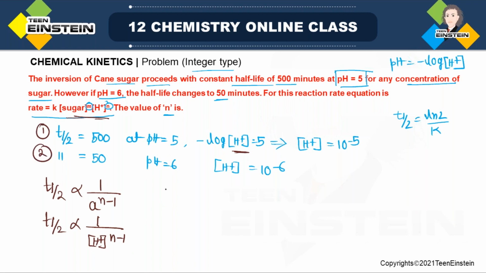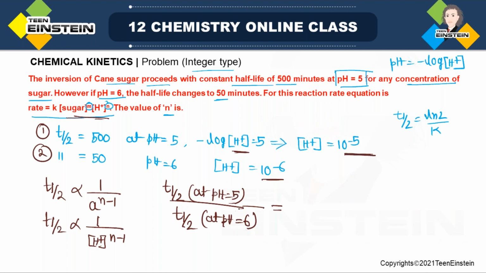So suppose T half at pH 5 divided by T half at pH 6 should be equal to, now the concentration of H plus we have already mentioned. So when it is pH 5 and pH 6, this ratio of T half should be equal to 10 to the power minus 6 divided by 10 to the power minus 5, all to the power n minus 1.